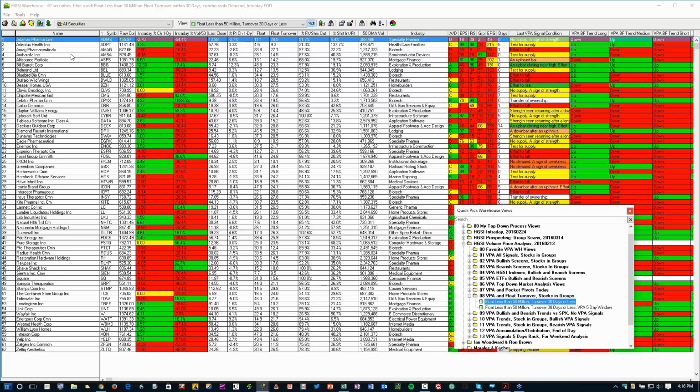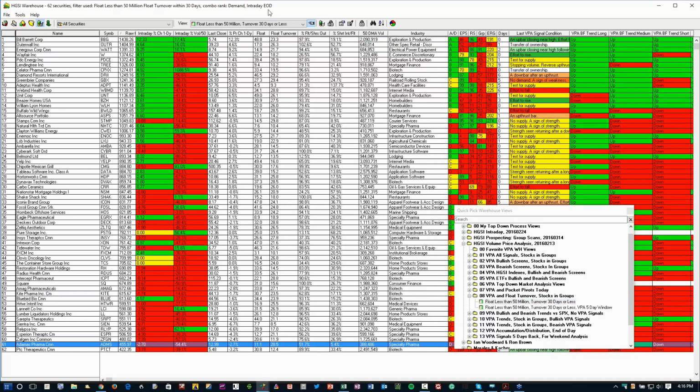And you can see that Umbrella comes up in this group of stocks. Now, when I sort on the demand combo, which is the combo attached to this, you can see that the stocks which were most in demand today based upon that combo are at the top of the list.